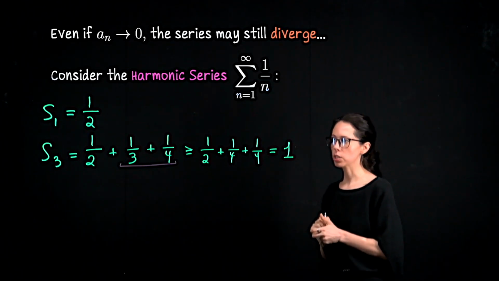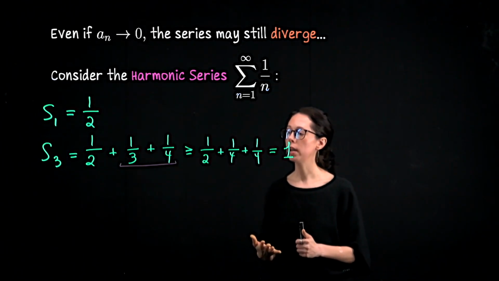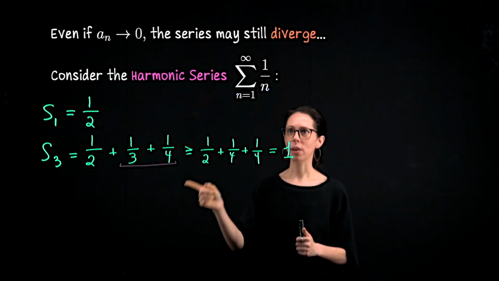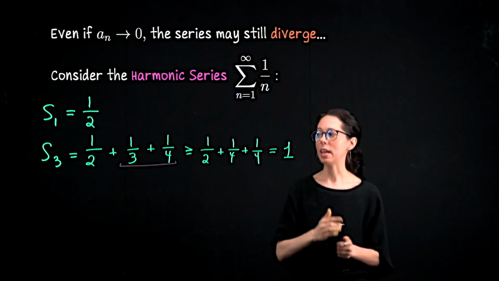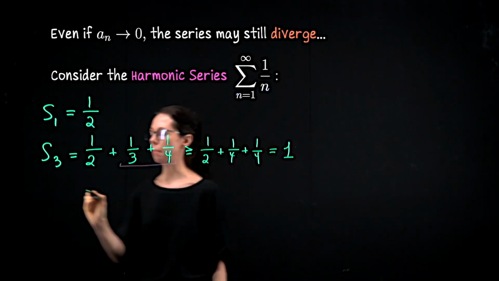Now the next partial sum would be S sub 4, which adds up through 1/5. Then I would add up through 1/6, 1/7. Let's go to the one that adds up through 1/8 next. That is the seventh partial sum.